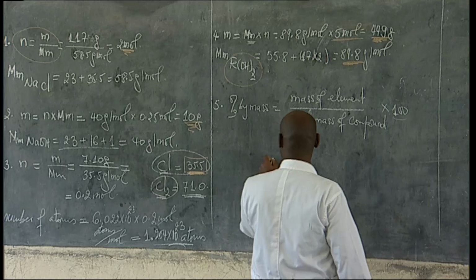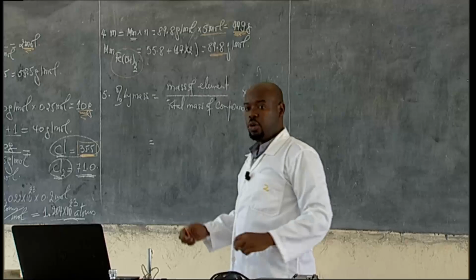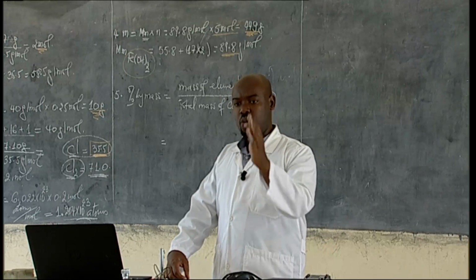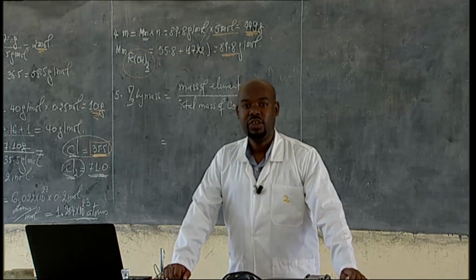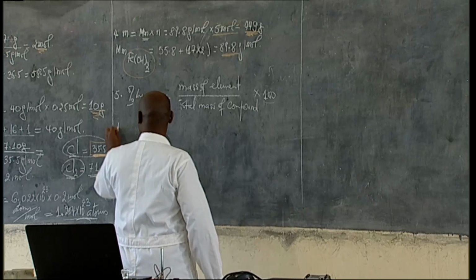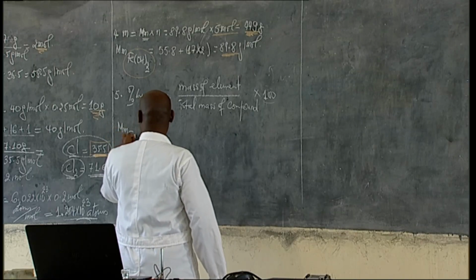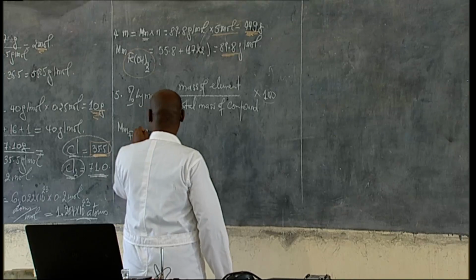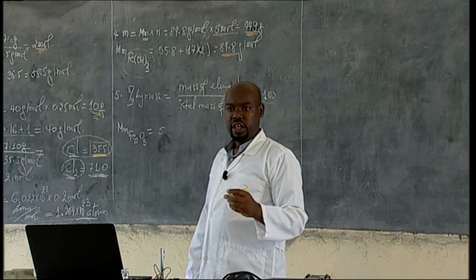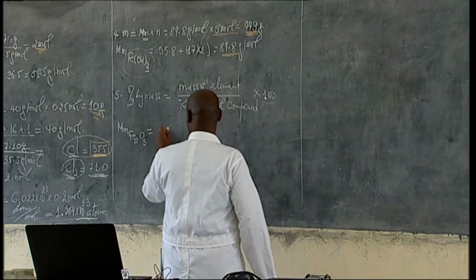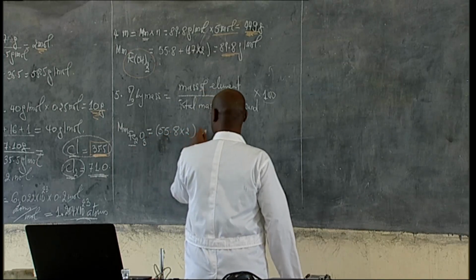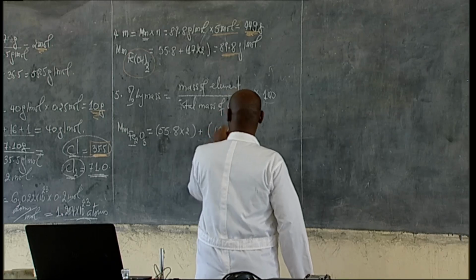And how do we get this? Do we have the total mass of the compound? There is no mass given, so we have to calculate it. We use the molar mass of the compound. How do we get the molar mass of the compound? Let's say molar mass of iron 3 oxide is equal to, have they given? Yes, it's 55.8 times 2, because we have 2 of them, plus 16 times 3.